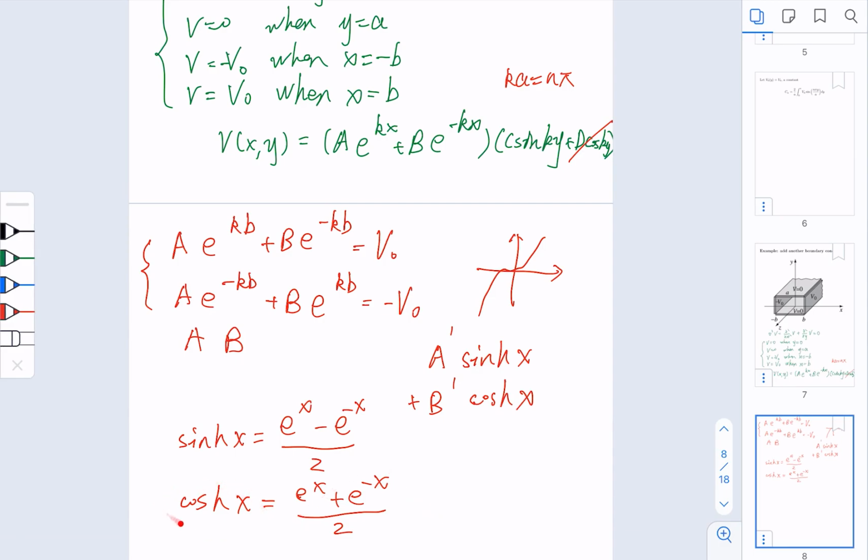So this cosh function is an even function, and this sinh function itself is an odd function. So this means that if we re-express these exponential functions in terms of sinh and cosh, this boundary condition really says that the b prime here should be 0, and what's left over should be only a prime.